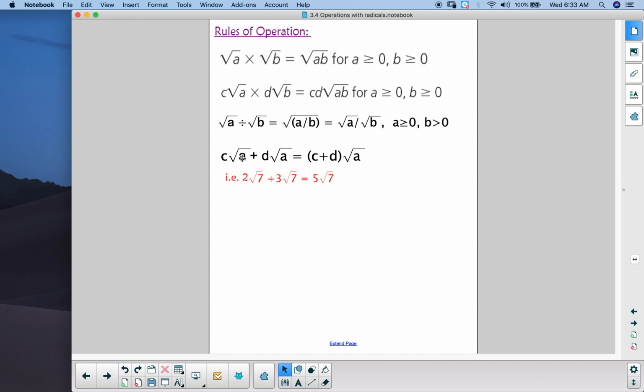And if you're adding mixed radicals like this, c times the square root of a plus d times the square root of a, then you can add the c and the d together, c plus d, times the square root of a. So if you had 2 times root 7 plus 3 times root 7, then you can add the 2 and 3 together, so it's 5 times the square root of 7.